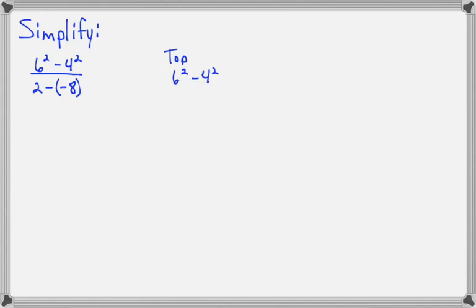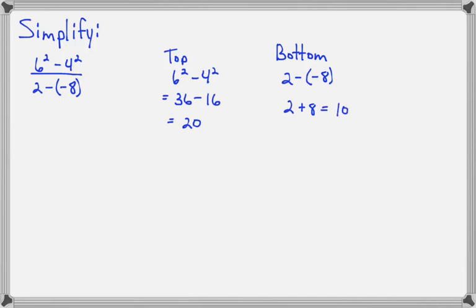So 6 squared is 36, and 4 squared is 16. Now 36 minus 16 is 20. And let's look at the bottom. 2 minus -8. Well, we know minus negative becomes plus, and 2 plus 8 is 10. So I'm going to end up with 20 divided by 10, which is 2. So this one just simplifies down to 2.